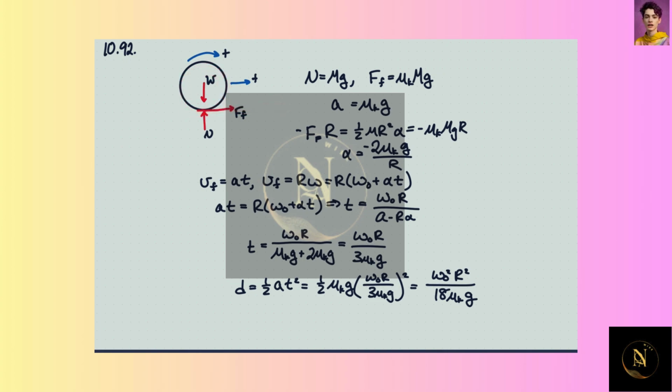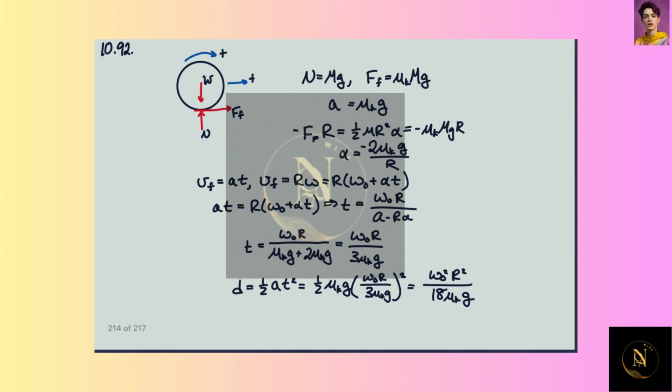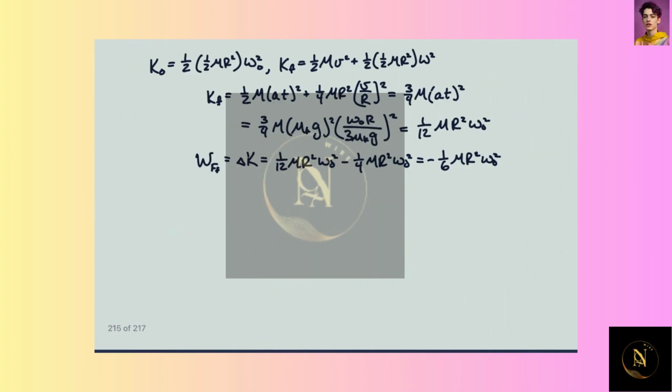We can figure out what that work is by looking at the change in kinetic energy. So we have our initial kinetic energy, 1/2 times J times omega naught squared. And our final kinetic energy: initially it was not translating, so just rotational kinetic energy. By the time it starts to roll without slipping, it has some translational and rotational kinetic energy.